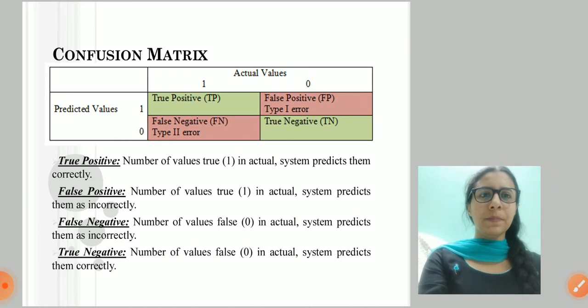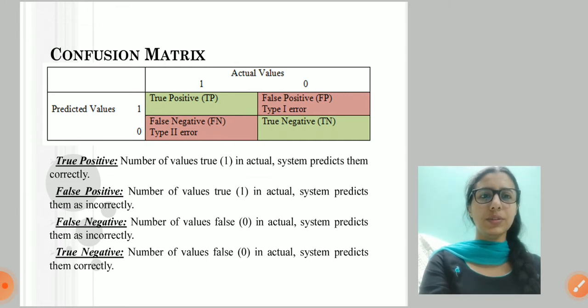And similarly, if the actual value is 0 and the model predicts it correctly as 0, then it will be the true negative case.